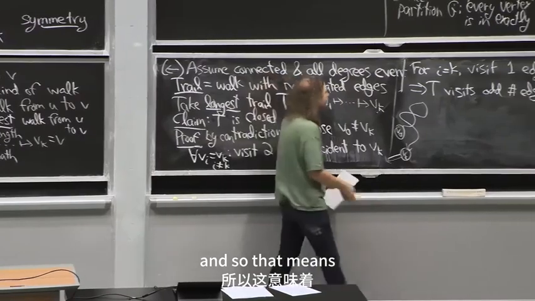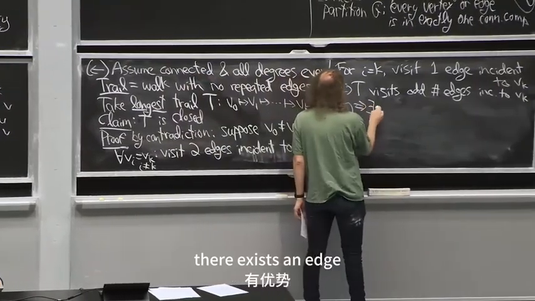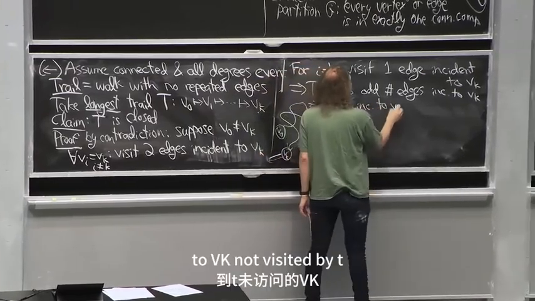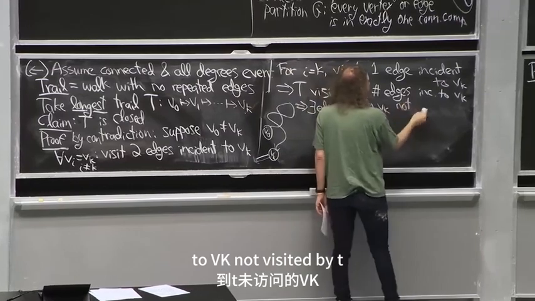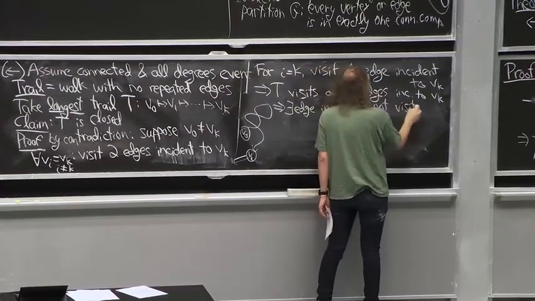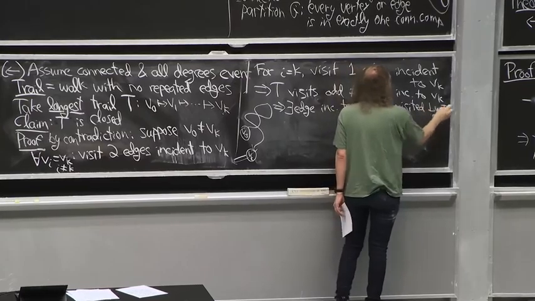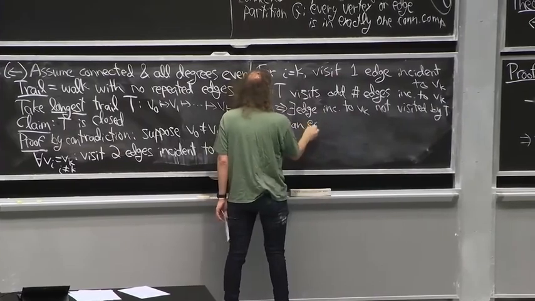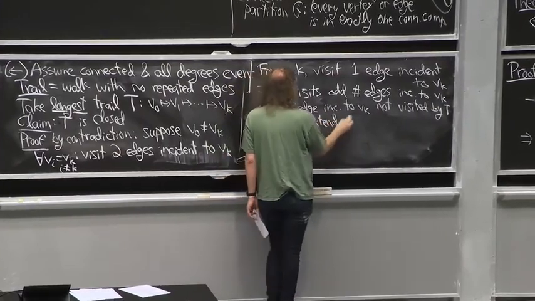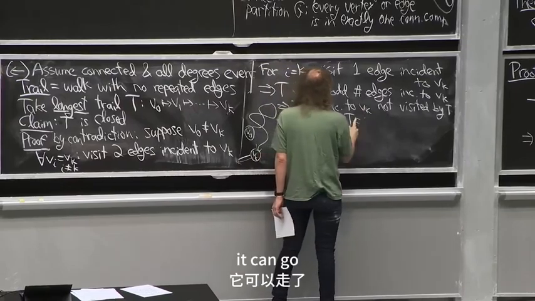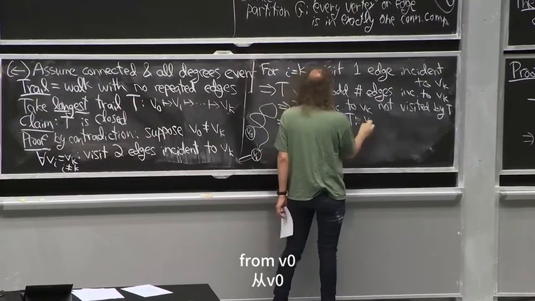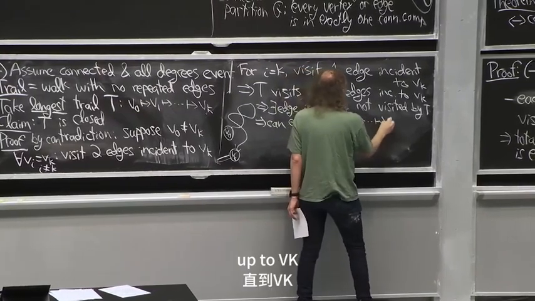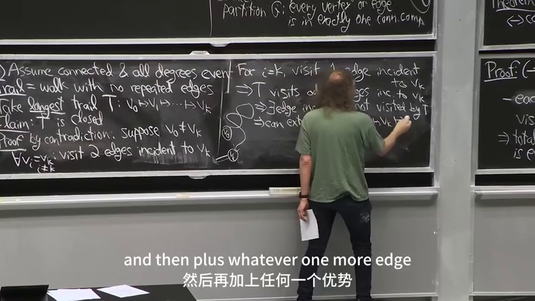And so that means there exists an edge incident to vk not visited by T. But then we can extend T. It can go from v0 up to vk, and then plus whatever, one more edge.